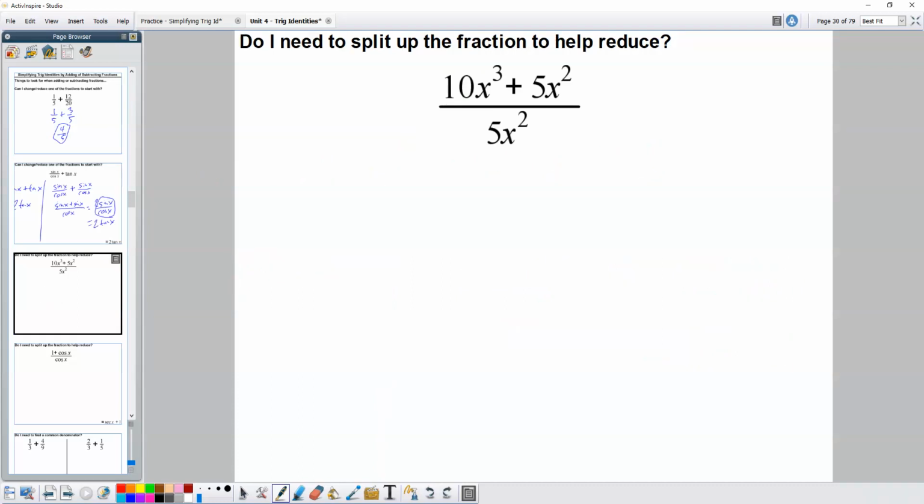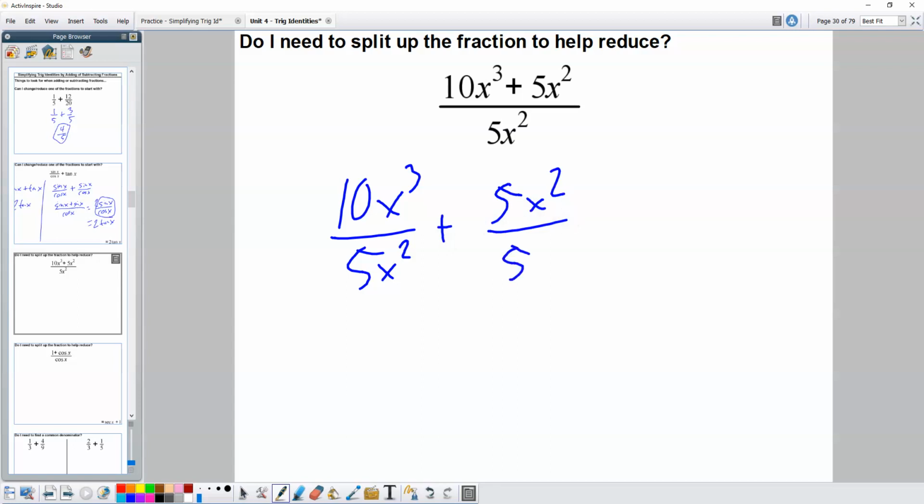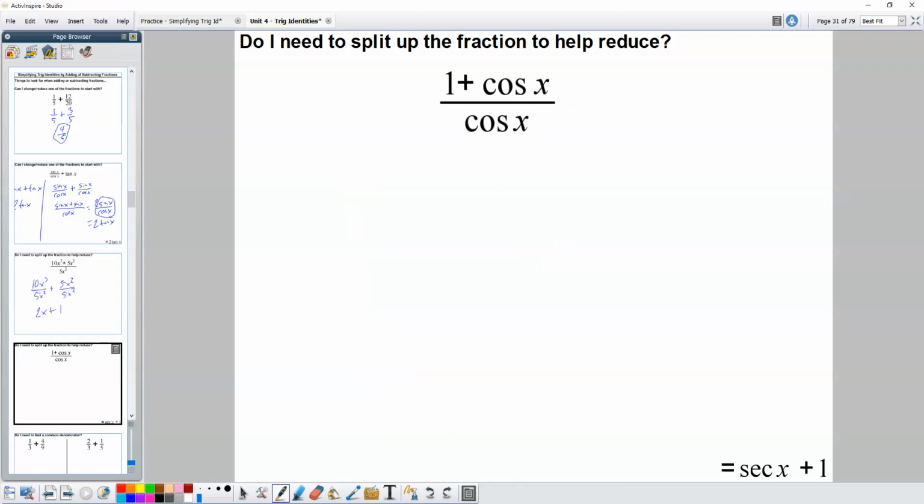When we see something like this in algebra or 8th grade, we split up the fraction most of the time. We would say 10x cubed over 5x squared plus 5x squared over 5x squared. Remember doing that? And I would reduce over here. I'd have 2x over here, 1. So similar kind of stuff when I look at this. I can't really simplify anything.